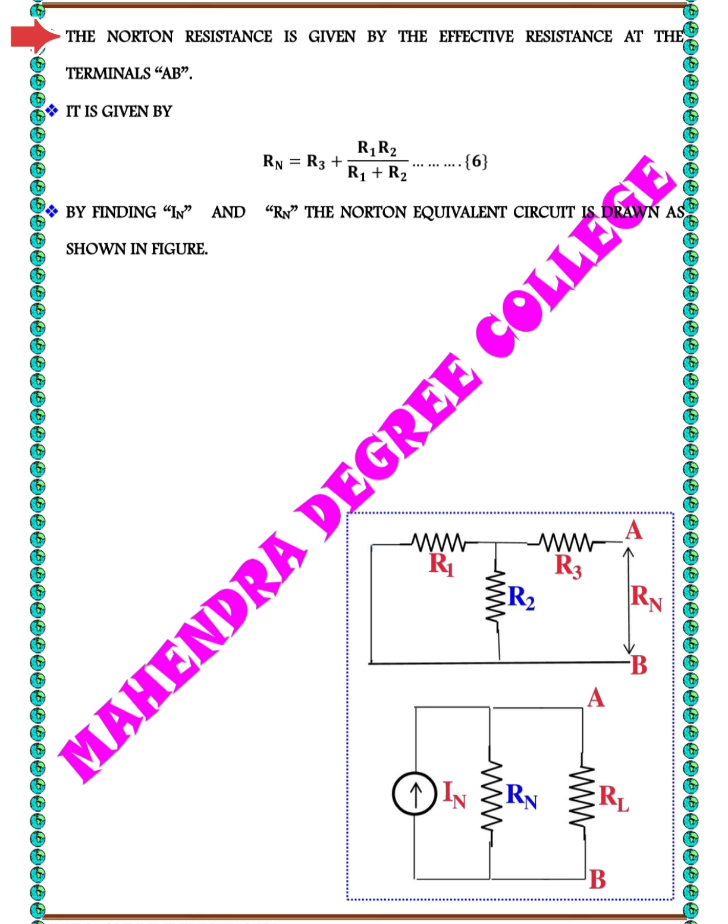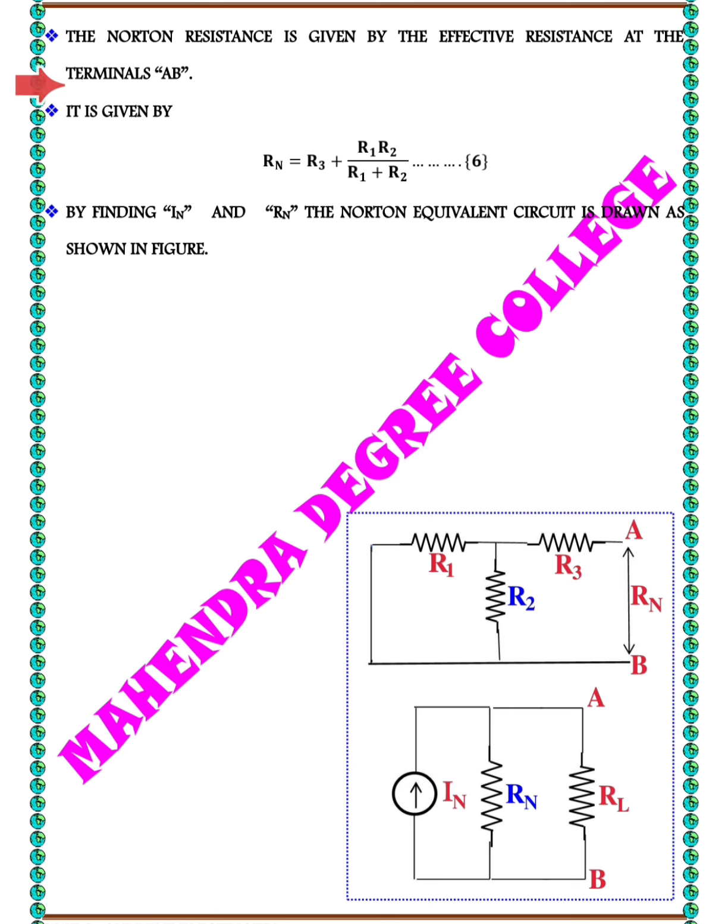It represents the resistance that the circuit appears to have when viewed from the terminals after all voltage and current sources within the circuit have been replaced by their respective short and open circuit equivalents.